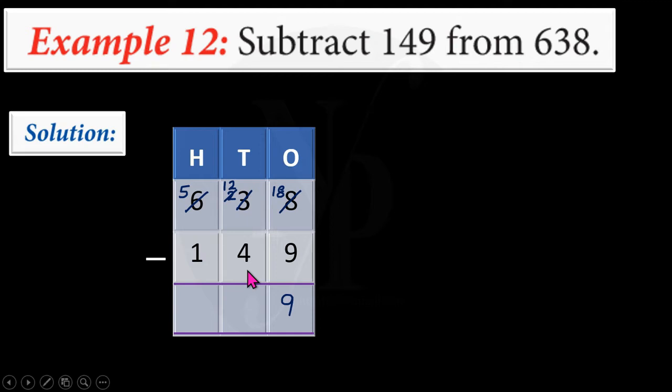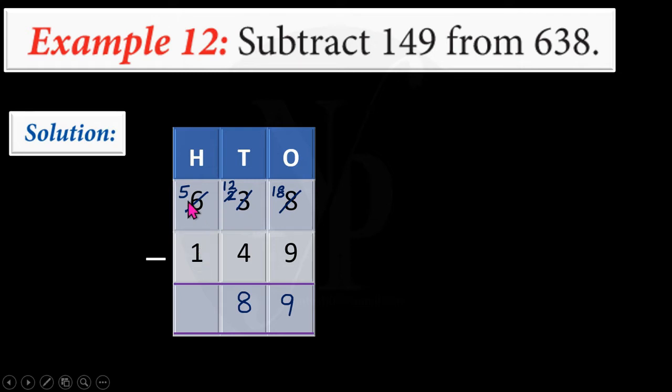Now let us subtract 4 tens from 12 tens. On doing so, we get 8 tens as difference. So we write 8 in tens column. Now we move to hundreds column. Here we subtract 100 from 500s.